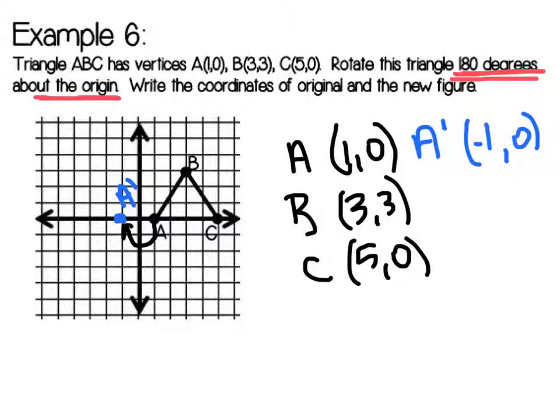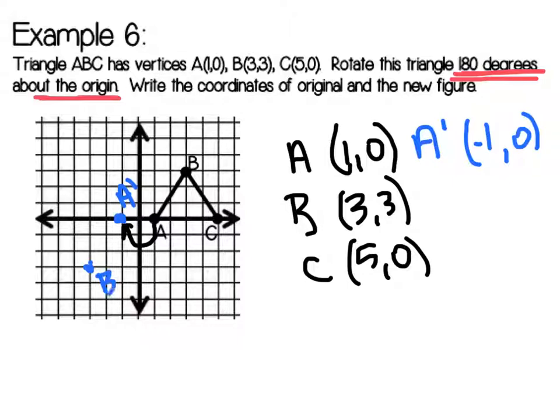Taking a look at point B, this is going to make another 180 degree rotation. As we rotate this around the origin, it's going to be the same distance away that it started. If we look at this, it is 3 units diagonally away from the origin, so we're going to go 3 units to the opposite diagonal for our 180 degree rotation. And it's going to be right here.